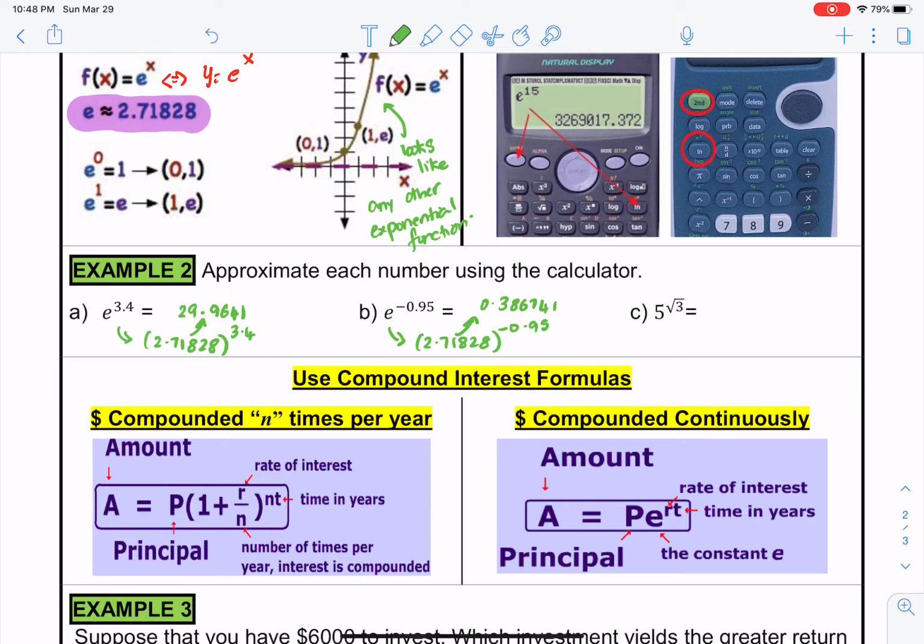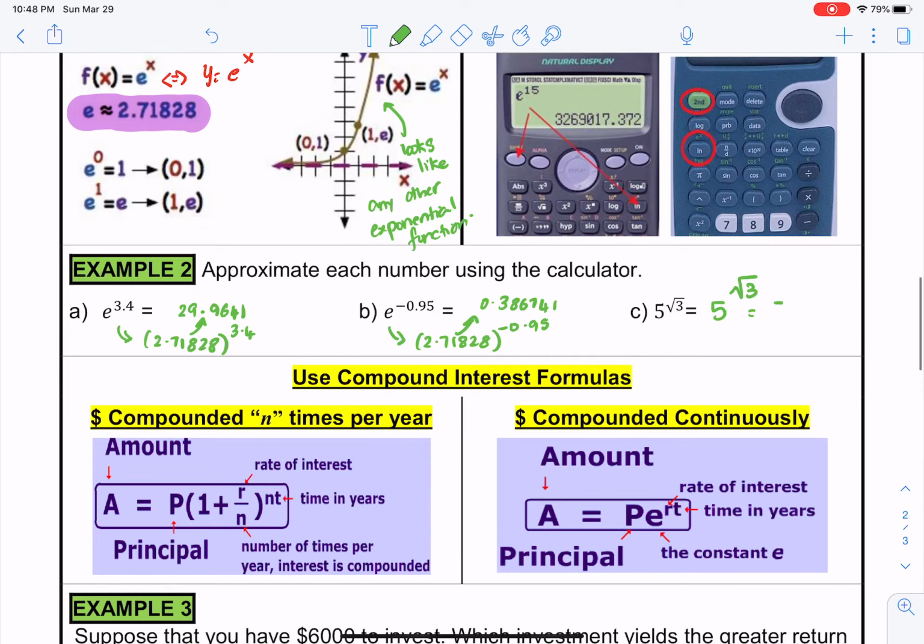And lastly, this is an exponential function, but we have 5 raised to the power of root 3, which is 5 raised to 1.732. You can use, typically in a calculator, the x raised y button. So most calculators would have the button as x raised y.